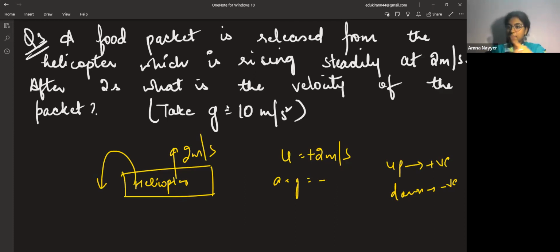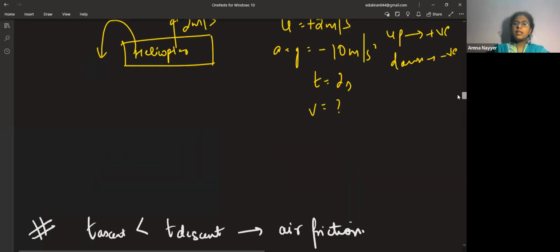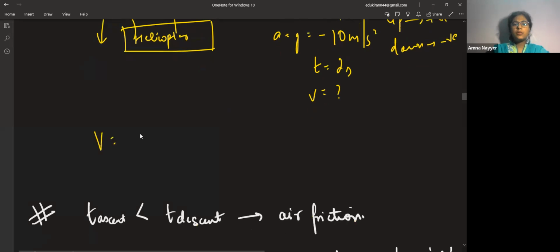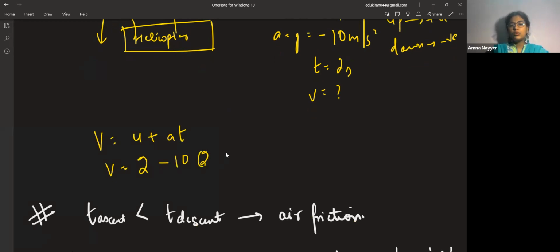So now I will take this as minus 10 meters per second square. Time is also given as 2 seconds. V is asked. So now this is an easy question. V is equal to u plus at. V is equal to 2 minus 10 into 2, which is minus 18 meters per second.